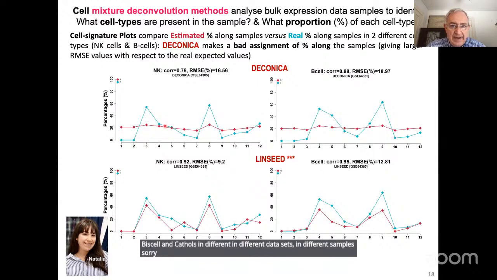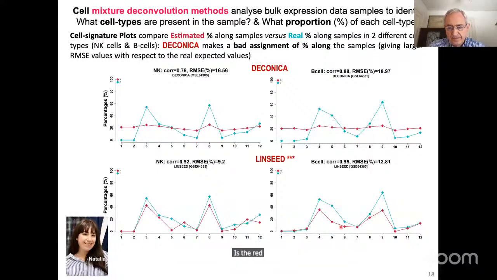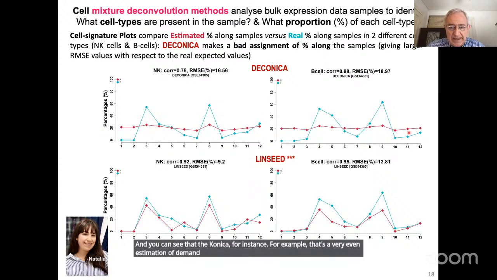And in the real data is the red one, and this blue is the estimated. And you can see that Cibersort, for example, does a very even estimation, it was always the same, and we discovered that it is not a very good method when you illustrate it this way.